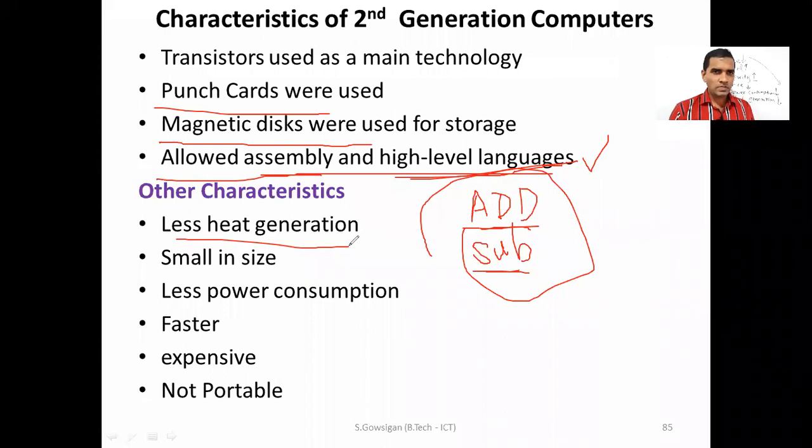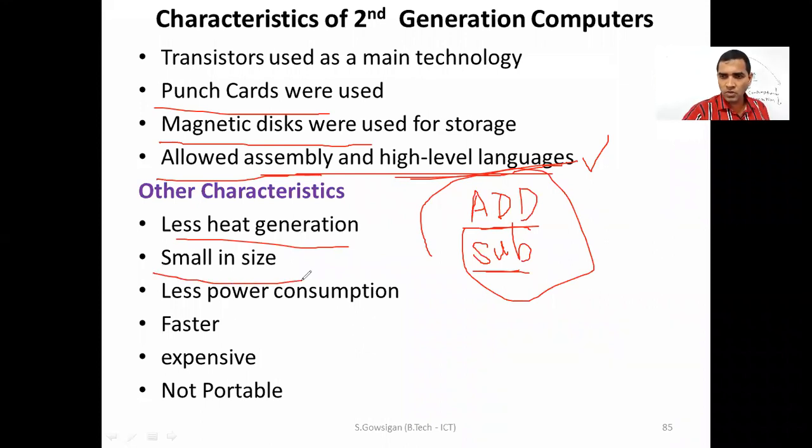You can't really say less, but for presentation purposes, I added this phrase. But as a student, you should understand that less heat generation means it is less than the first generation. Still, computers generated more heat, but the amount is reduced. Have you understood? So always compare with the first generation.